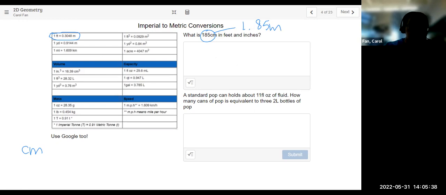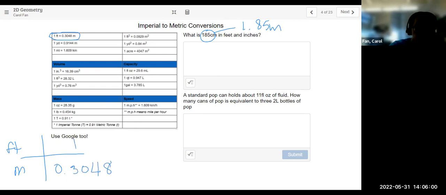Okay, let's come back here and create our ratio. So feet and meters: 0.3048 is 1 foot. And then our new one, I have 1.85, and I want to know how much this is in feet.